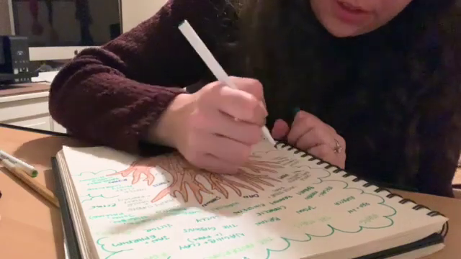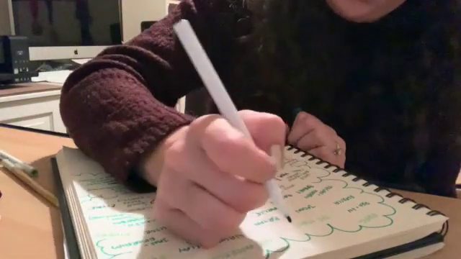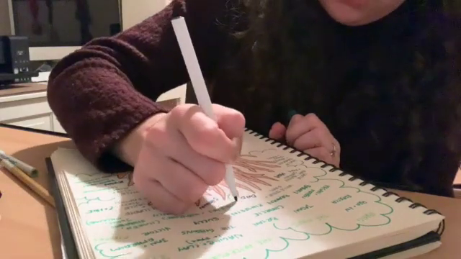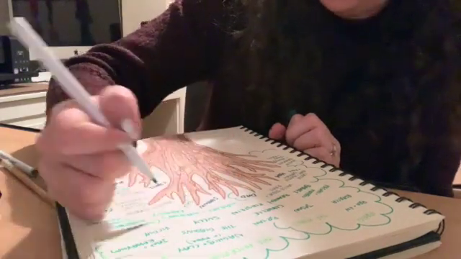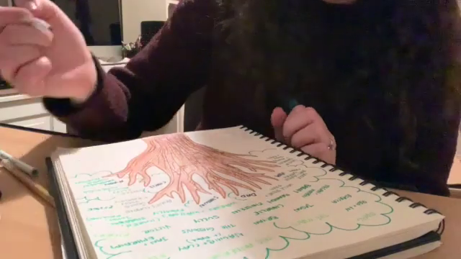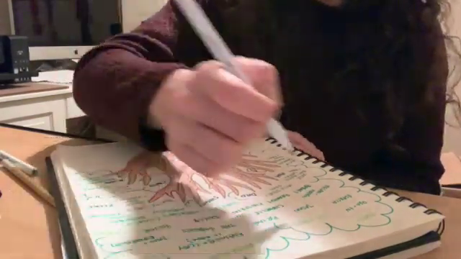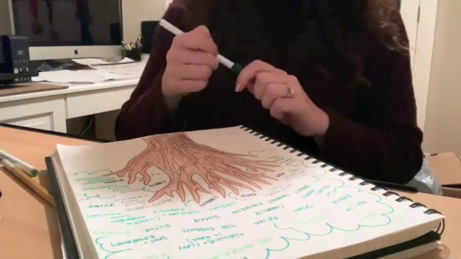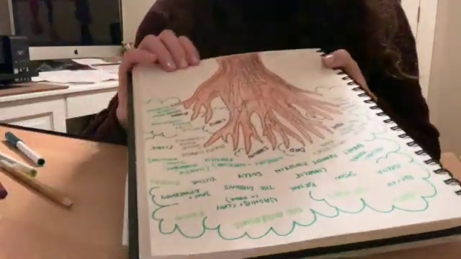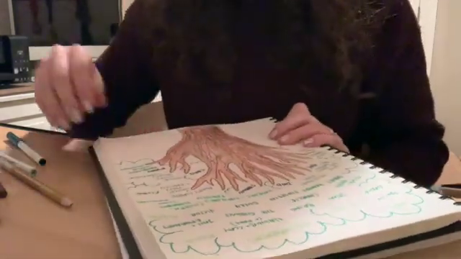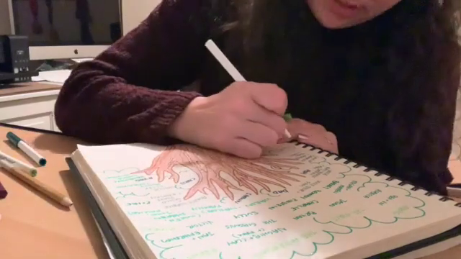There's no wrong way to go about making your tree or the kind of bushy sections of it. So you can kind of go along like that. You can use a few different colors.